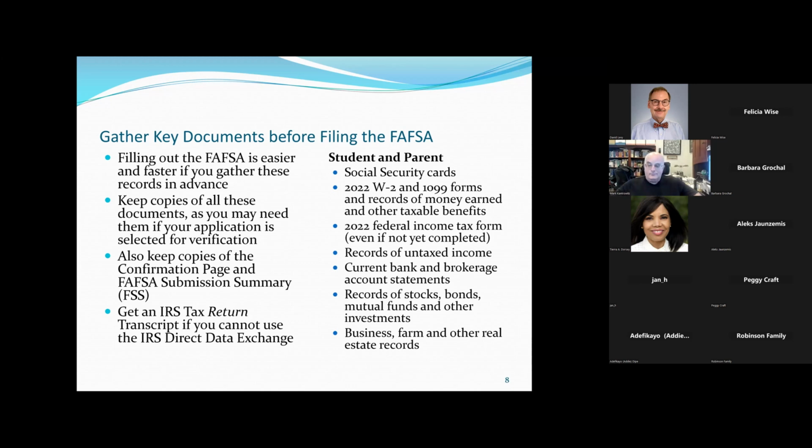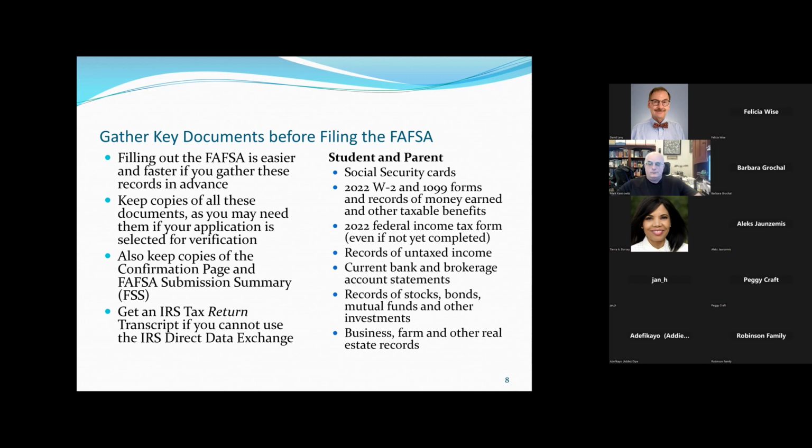Copies of your 2022 W-2 and 1099 forms, or any other records of monies earned and any other taxable benefits. What else will be helpful? A copy of your 2022 federal income tax return, records of untaxed income, current bank and brokerage account statements.